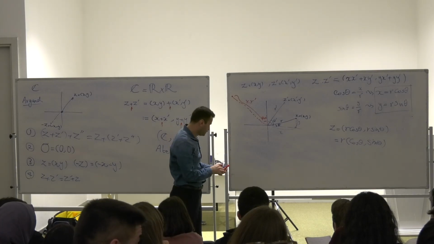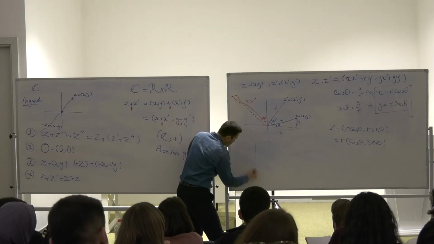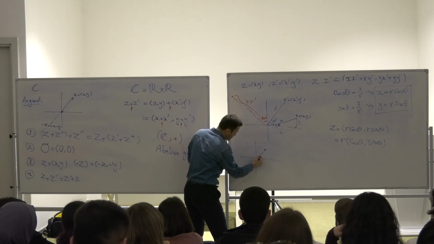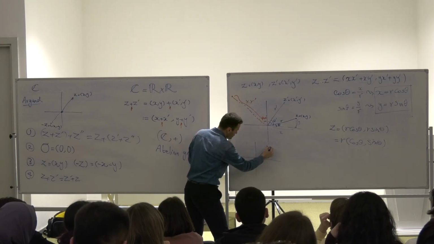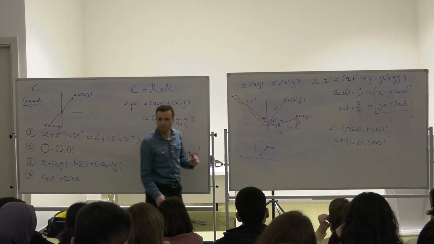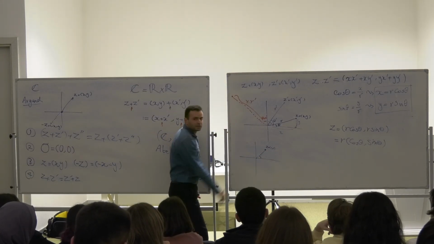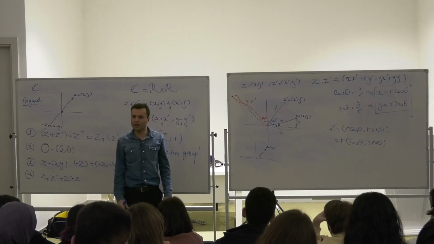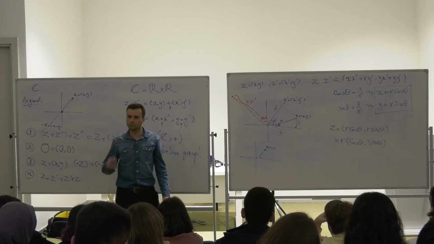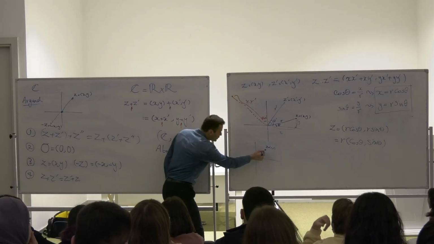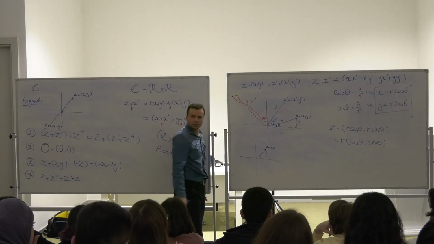Some example. If we take this, 1, 1, and multiply it with itself, what is going to happen? First of all, what is this angle here?